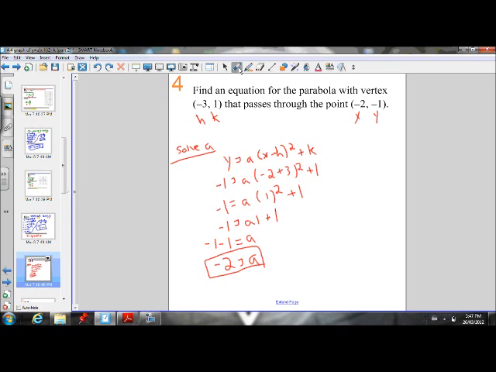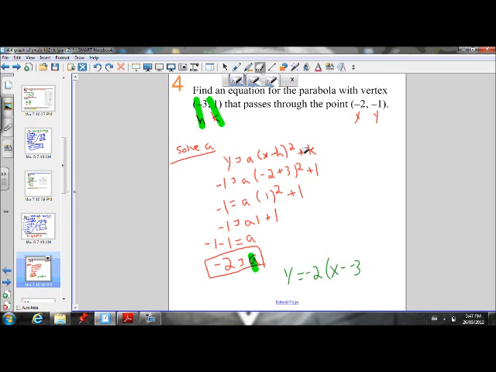Now when we write the equation in vertex form, we just want to fill in our a, h, and k values. That's how we write the generalized equation of the parabola. So I'm going to write it in green down here. y is equal to -2 times (x minus -3).